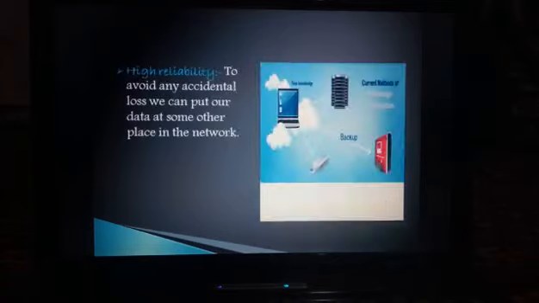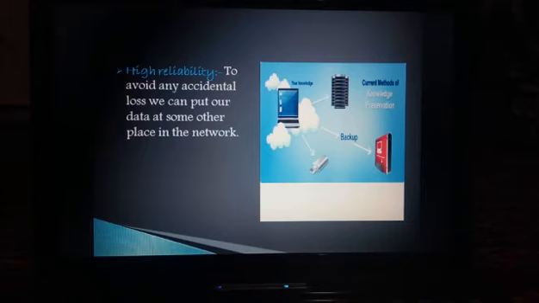The third point is high reliability. As I told you, a network is basically a group of computers and other devices connected together in order to share information.